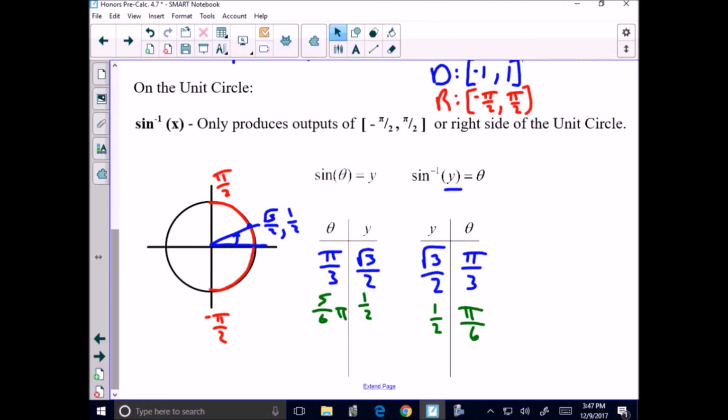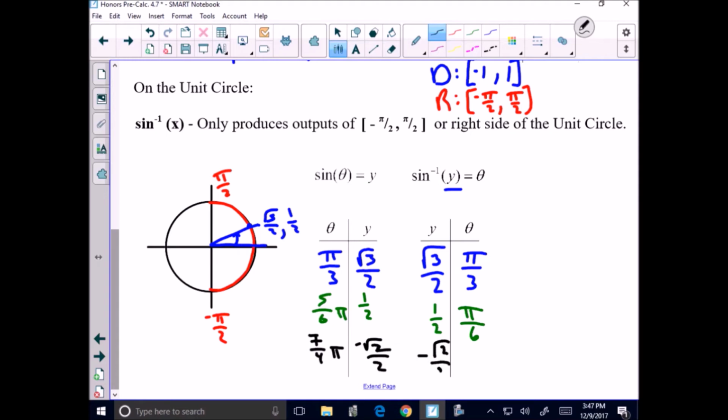So for example, one last one, if we're looking at, say, a rotation of 7/4 pi, we'd evaluate that on the unit circle, and we would get negative square root of 2 over 2. And right here, if inverse sine evaluated the negative square root of 2 over 2, it would say, what's the least amount of rotation I need to do to create that vertical change?